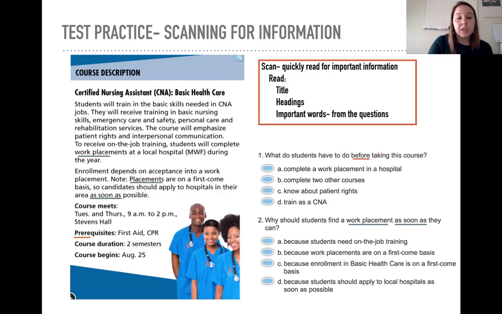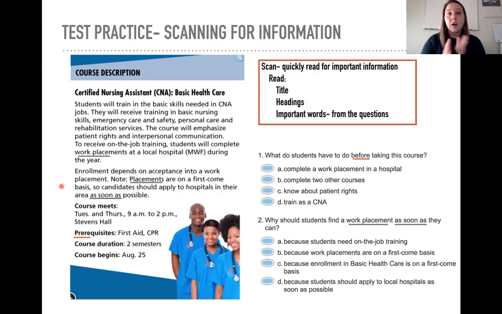What does first-come basis mean? This might be a new phrase for you. A first-come basis means that the first person who gets there, the first person who applies, gets the position.